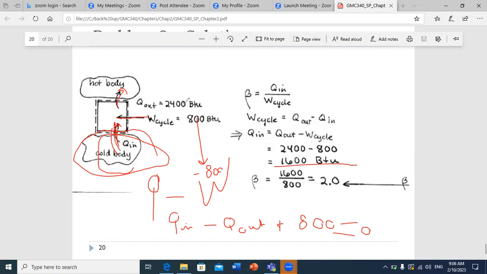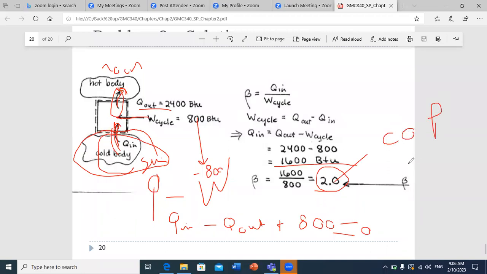If we were working with a heat pump, it would be the opposite. Things flip: the surrounding becomes outside, and the room becomes inside. Then the flux Q out is what matters for the COP. For a heat pump, COP would be Q out over W. Since it's a refrigeration cycle, the COP is Q_N over W, so it's 1600 over 800, which is equal to 2. So the COP here is 2. This is the COP for refrigeration.